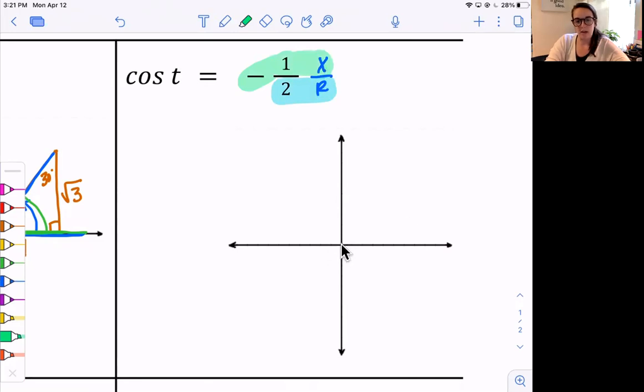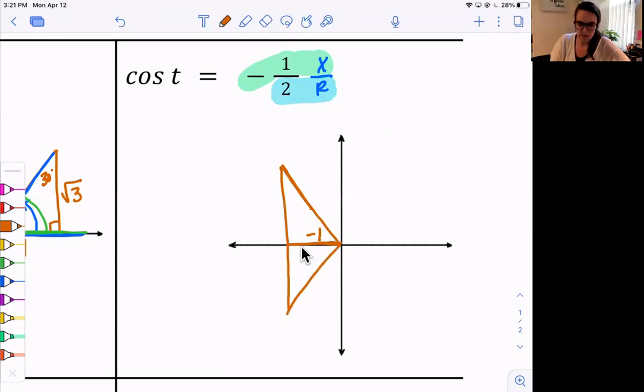So I'm thinking, okay, where can x be -1? It's going to be on this side over here. So we have -1 as our x. Then I'm thinking, okay, I could have this triangle to draw, or I could have this triangle to draw. My radius is 2. So then I see 1, 2, and I know this has to be square root 3.